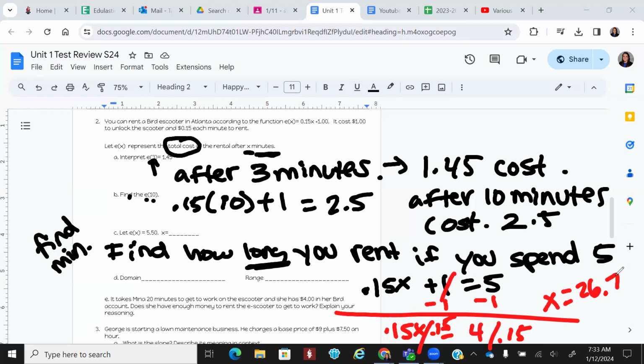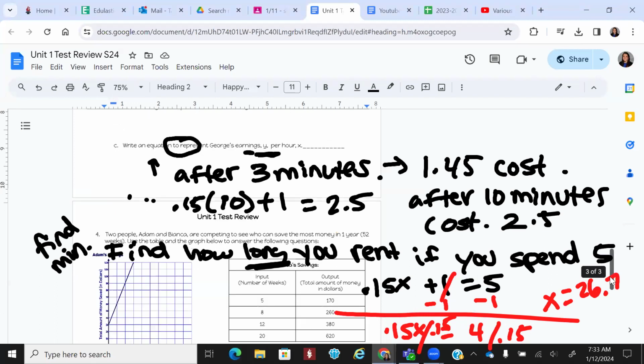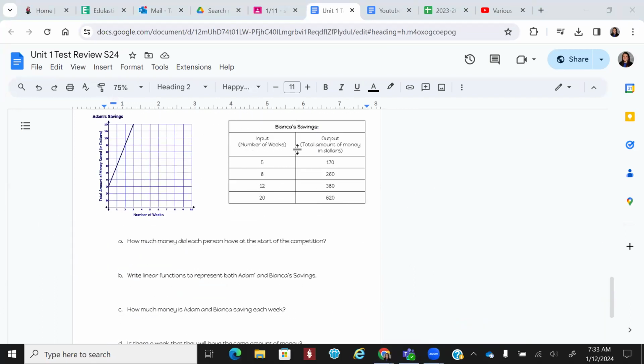The last question on your test is going to ask you about creating an equation from the table. You remember how we did this on the page down here. If I were to ask you to write the equation, what equation am I really going to look for? Well, it's a linear function, because that's what we've been talking about. So we've got y equals mx plus b.